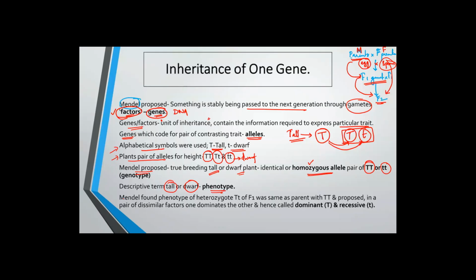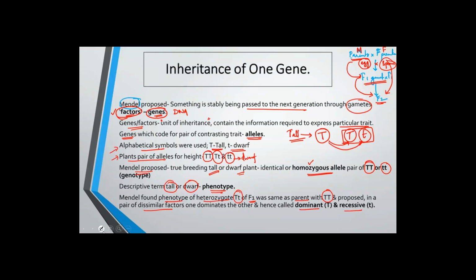Then the next point was that he found that the phenotype of the heterozygote, capital T small t of F1, was the same as the parent with capital T, and he proposed that in a pair of dissimilar factors, one dominates the other, and hence they are called dominant and recessive.